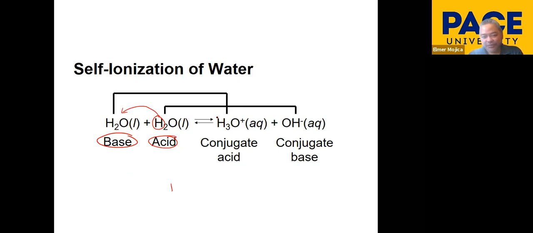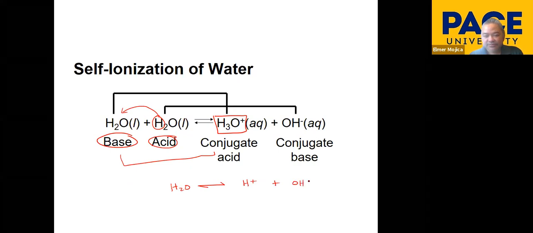So you form H3O plus, which is the conjugate acid, and a conjugate base, which is OH minus, coming from H2O. In some texts, they just write it like this: water dissociating itself to give you H plus and OH minus.